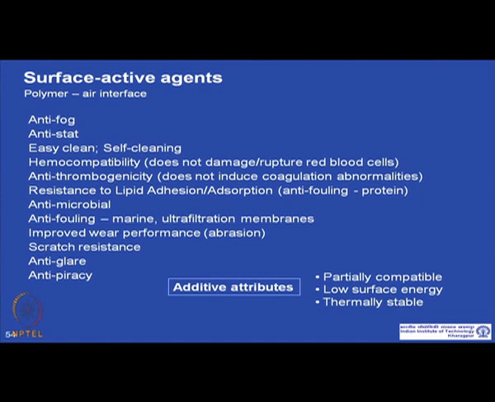It must be thermally stable, so that it can survive the processing conditions, and it should be chemically unreactive to the base polymer it is being used in. So, these are the attributes a surface active additive must have to be successful in any application.